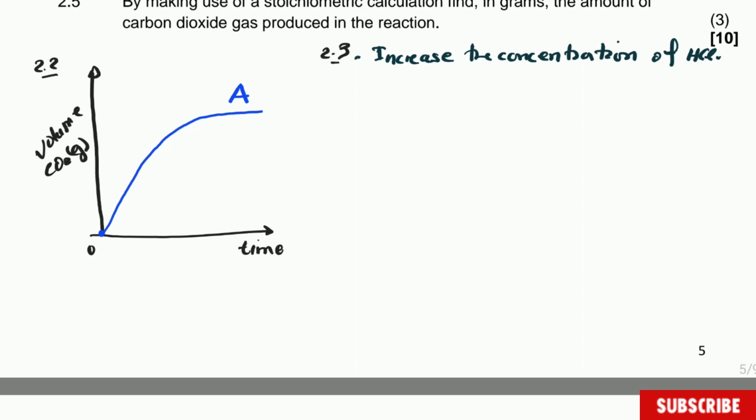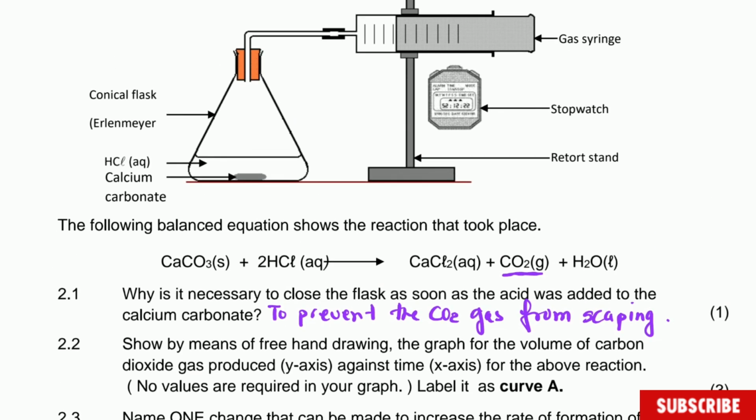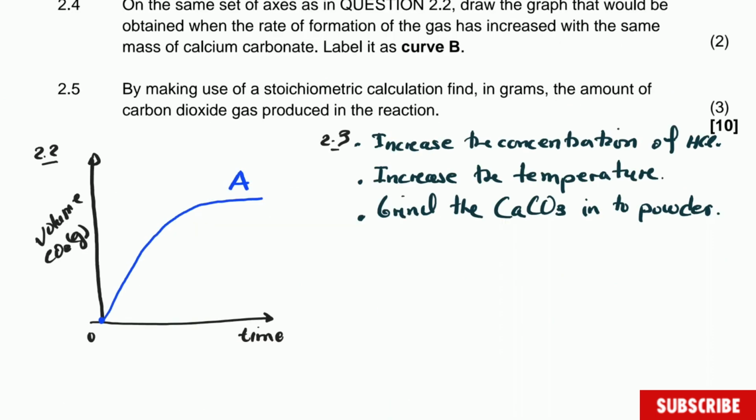Now what else can be done here? Well, increase the temperature. Remember, they're asking you for only one, but we're going to mention all of them. Instead of using a big piece of calcium carbonate, we can use calcium carbonate powder, so grind the calcium carbonate into powder. What else can we use?